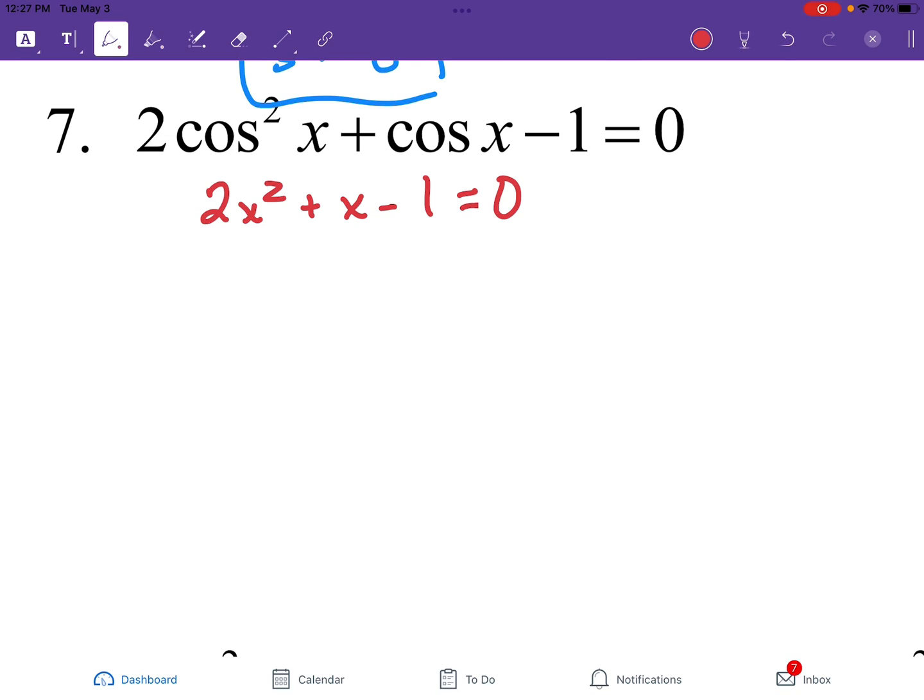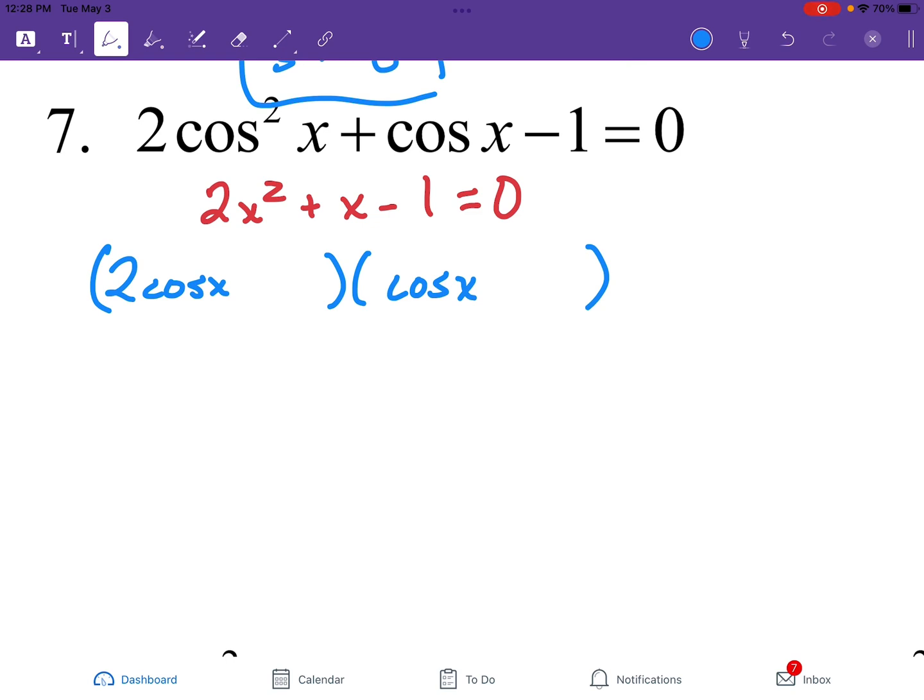Okay, what we can do is we can factor this quadratic. It's basically a quadratic trig function. We can factor the quadratic and then find the solution to both factors. So if we factor this, I'm going to change back to blue so you can see the difference. We're going to get 2 cosine of x, and then cosine of x.